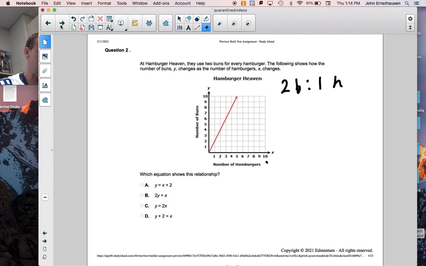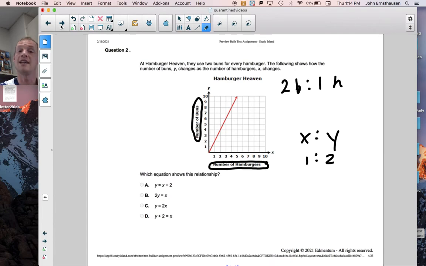So if I look at my axes here, and this is really important, the hamburgers are on my x-axis, and the buns are on my y-axis. So since we graph x to y, I would suggest you think of it as, even though the question says 2 buns to 1 hamburger, I would try to do a ratio of 1 to 2 because then it's the ordered pair.